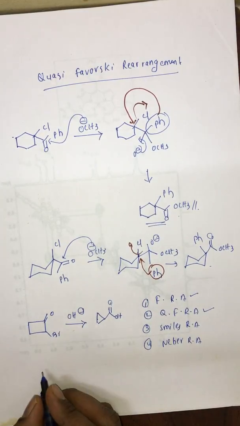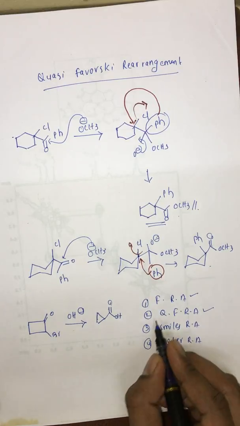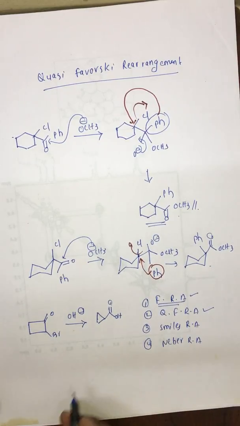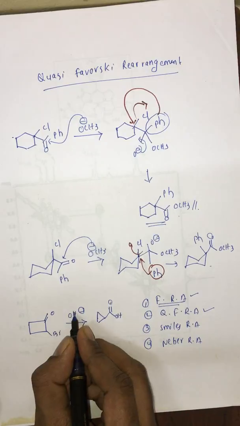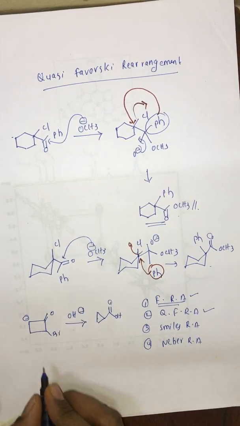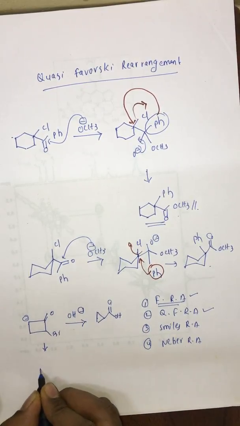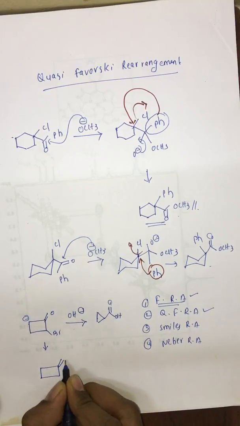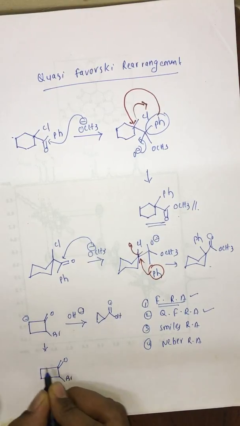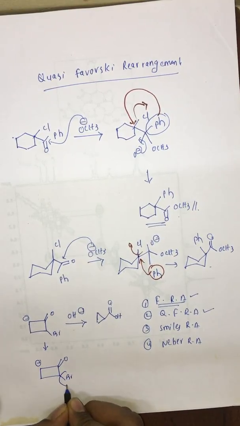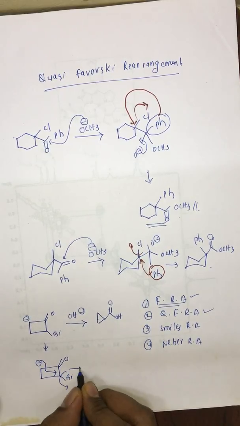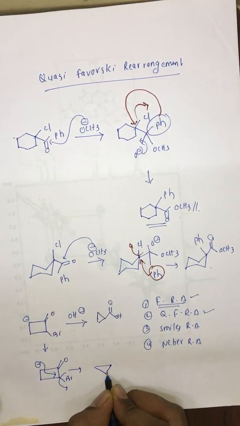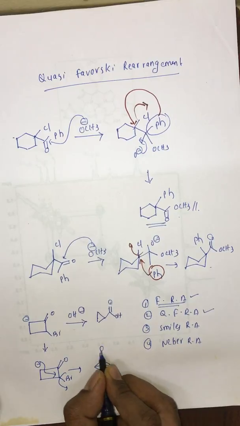I will explain why. So if we use Favorskii rearrangement, we will see the mechanism. So OH minus abstracts this proton, now it will become O minus, CH minus, and bromine goes and comes here. Here there is a formation of this kind of system.